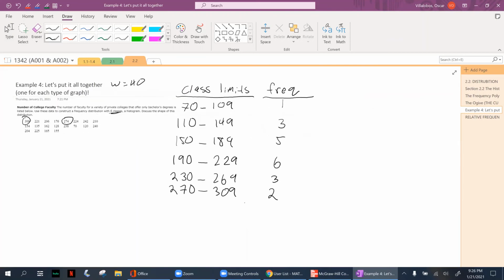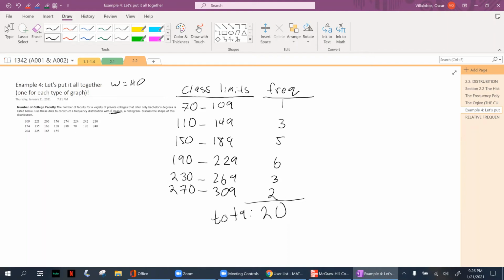So my total here would be 4, 9, 9 plus 6 equals 15, 15 plus 3 plus 2 is 5, so this is 20. And you always want to count your values in case you go over by a little bit. I did go over by 2 whenever I was doing this earlier, so be sure that you count correctly. So I have 1, 2, 3, 4, 5, 6, 7, 8, 9, 10, 11, 12, 13, 14, 15, 16, 17, 18, 19, 20.